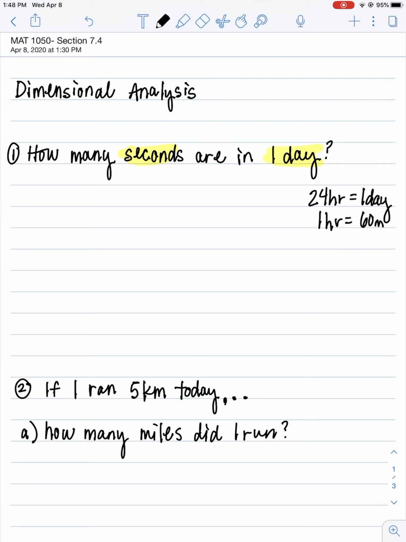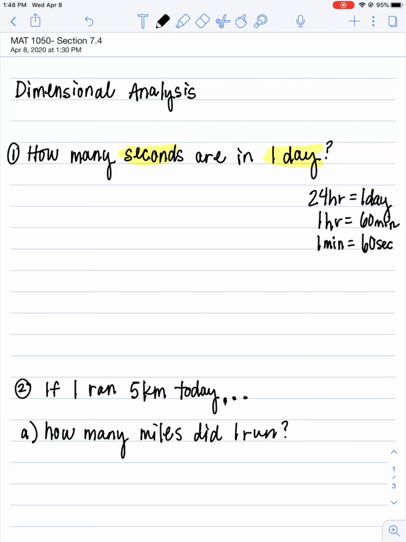Hopefully we all recognize that 1 hour is the exact same as 60 minutes. And then hopefully we recognize that 1 minute is the same thing as 60 seconds.